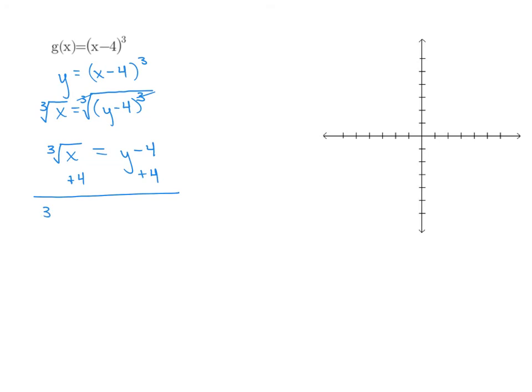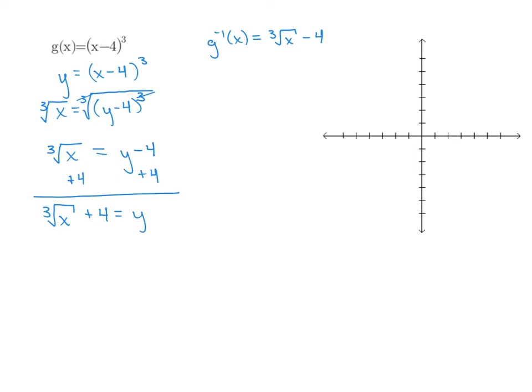So we get the cube root of x plus 4 equals y. So my inverse function is g inverse of x equals the cube root of x plus 4.